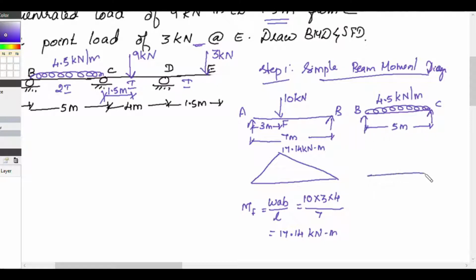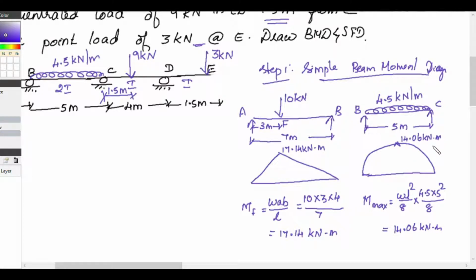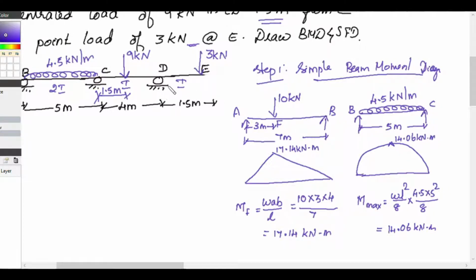While drawing the simple beam moment diagram, since it is a uniformly distributed load, this will be a parabola and the maximum value will be at the center of the span. So M max will be equal to WL square by 8. Here W is 4.5 into L square, 5 square, divided by 8. We get 14.06 kilonewton meter. Now we will take the span CD.